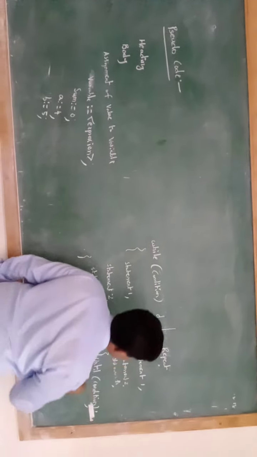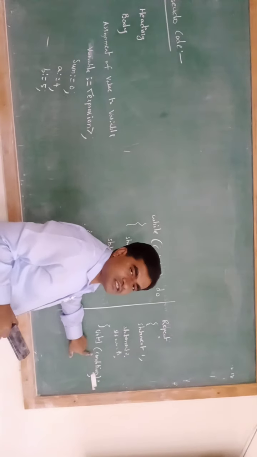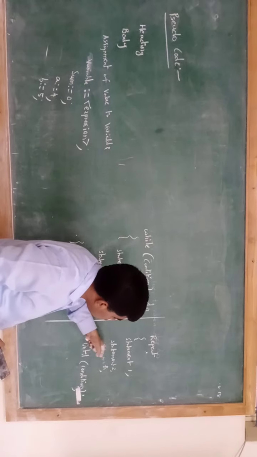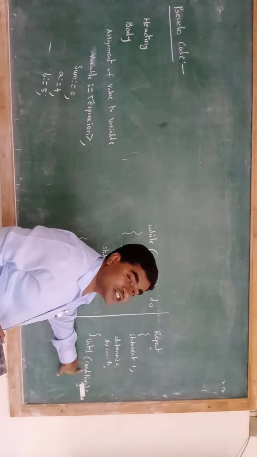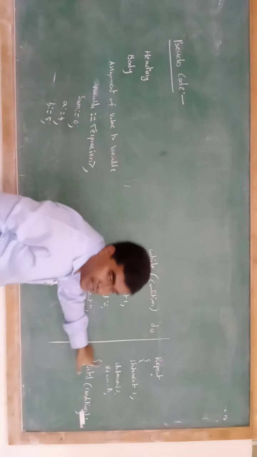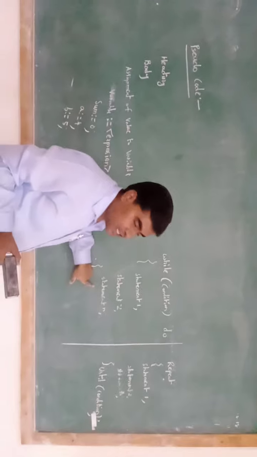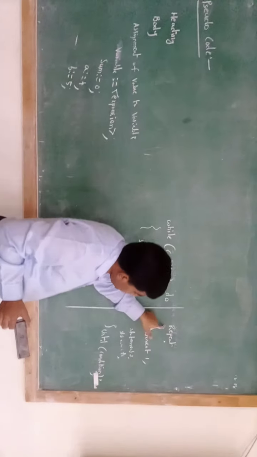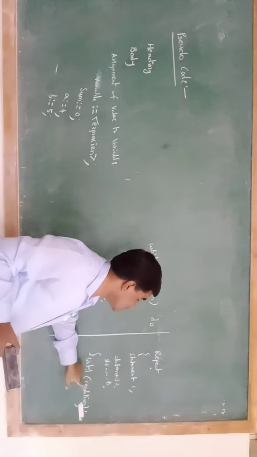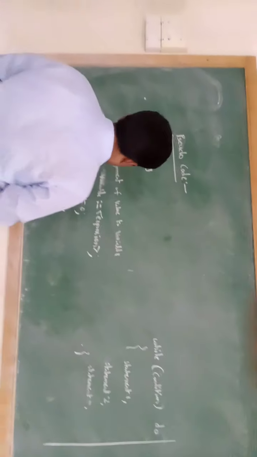So here first the statements are executed, after that the condition is checked. That means statements are executed as long as the condition is false. So the difference between while and repeat until is that in while, statements are executed as long as the condition is true, whereas in repeat until, statements are executed as long as the condition is false. That is the main difference between these two.